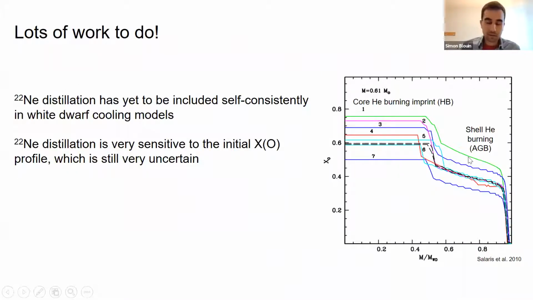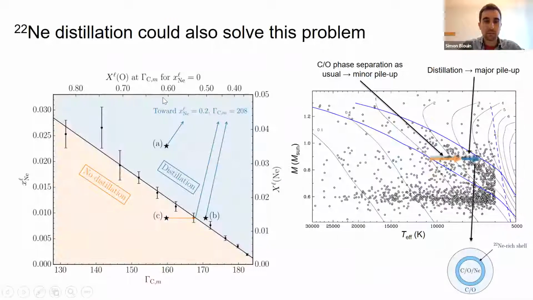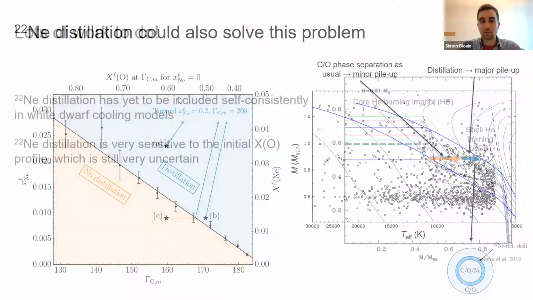Before we can test all that more quantitatively and compare to observations, there are still lots of questions to answer. The first obvious thing is that neon-22 distillation is not yet included self-consistently in white dwarf cooling models. That's not easy to do, but it has to be done. The second thing, as you can infer from this plot, is that everything I've discussed so far is really sensitive to the oxygen abundance that you assume in the core of the white dwarf.